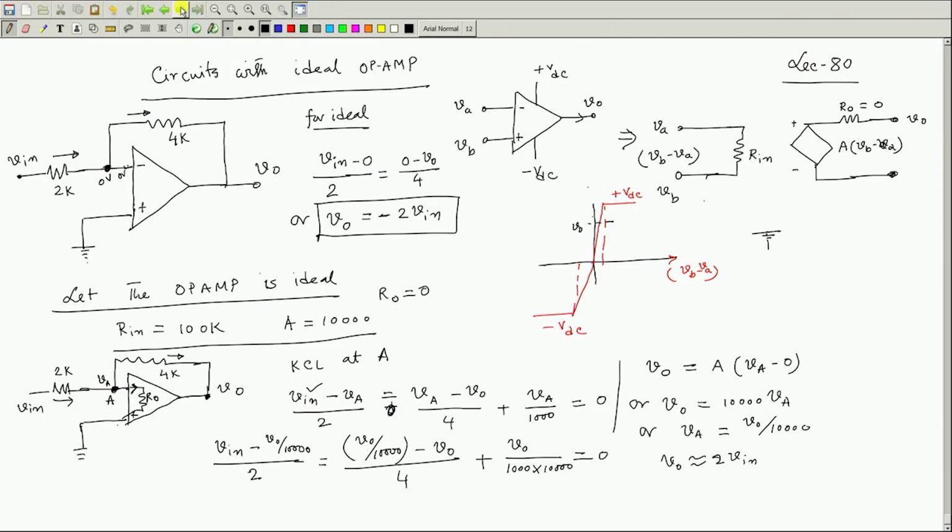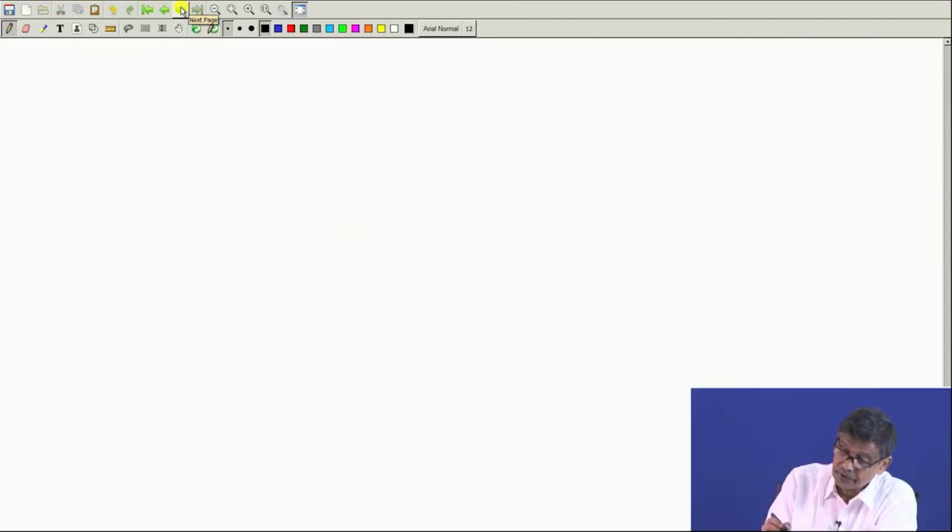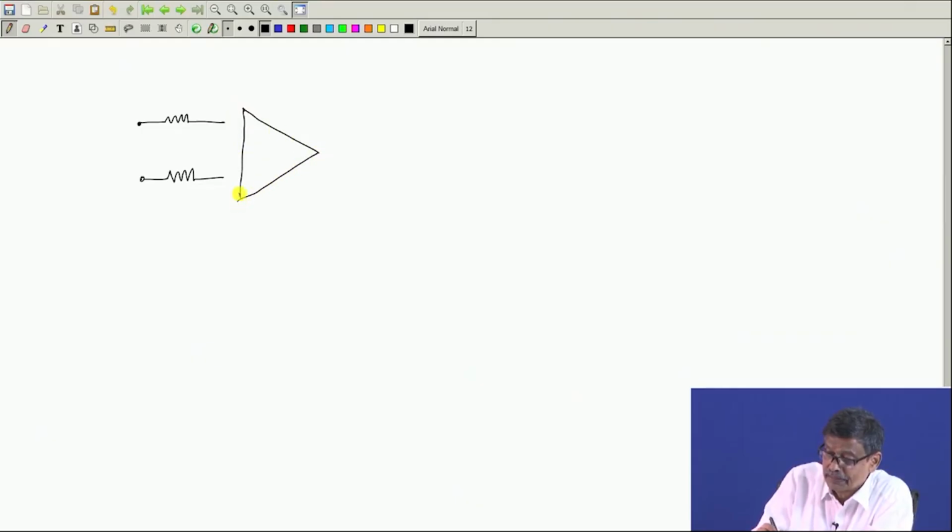One example is this one. Suppose you have got a circuit like this. Solve more problems.